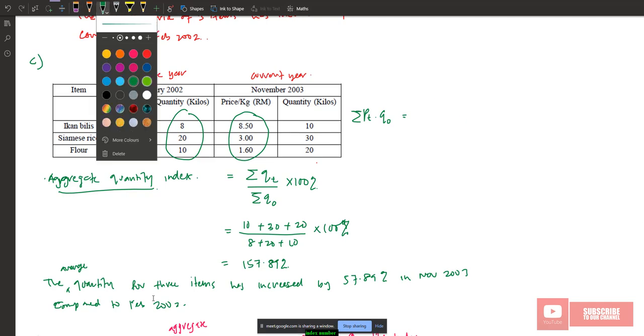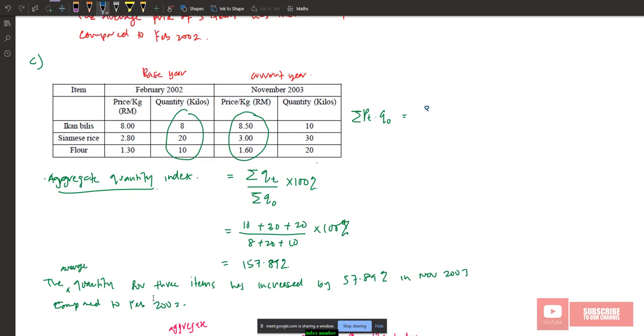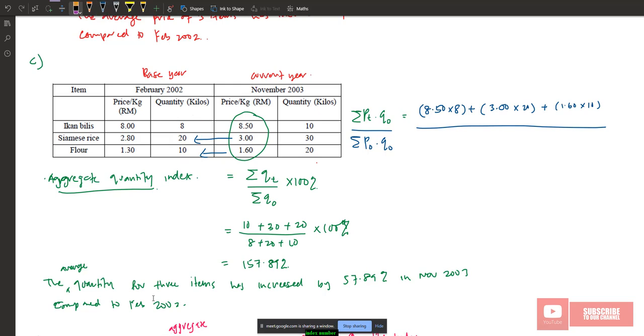So 8.50 multiplied with 8, plus the second one 3.00 multiplied with 20, plus the last one 1.60 multiplied with 10, and divide by summation of P naught multiplied with Q naught.